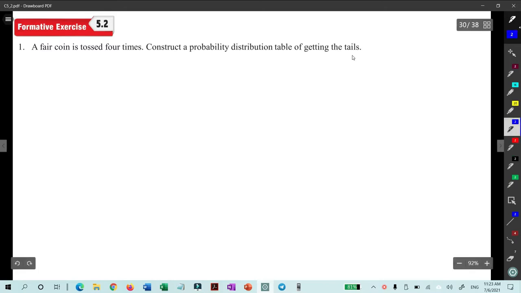Okay. Let's take x as the number of times getting the tails.